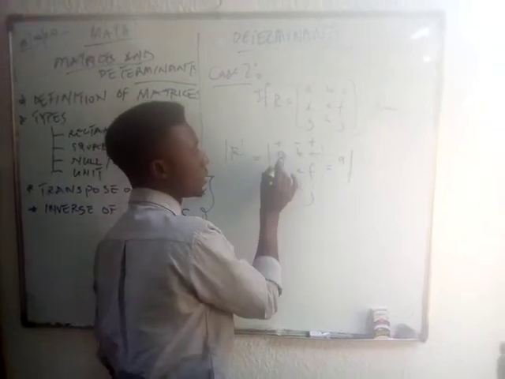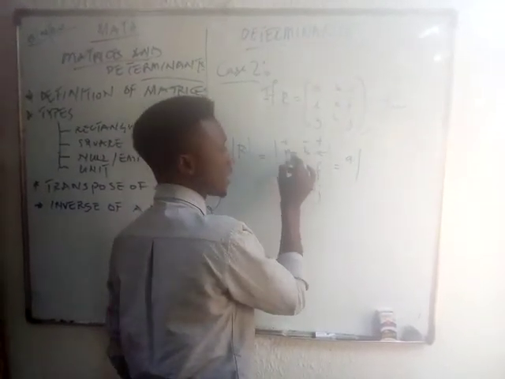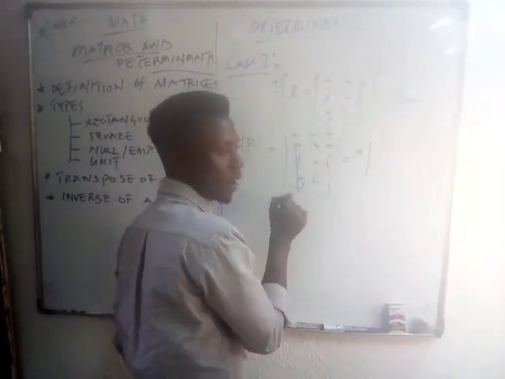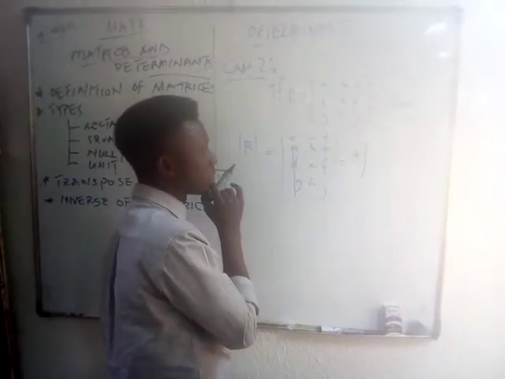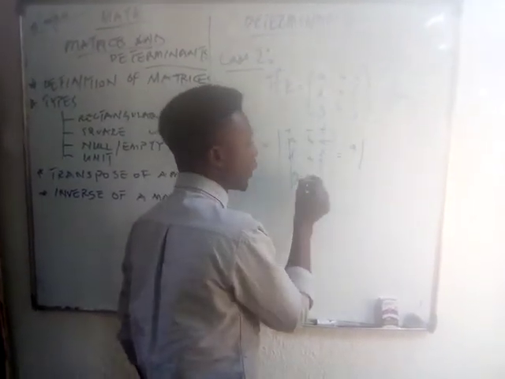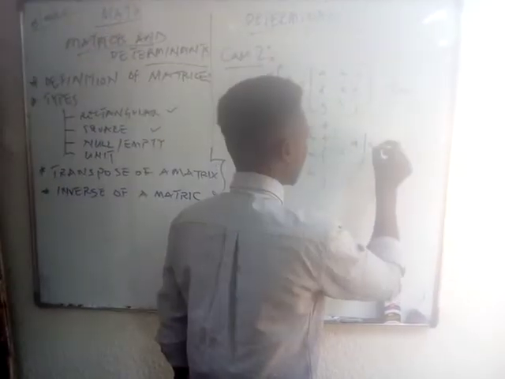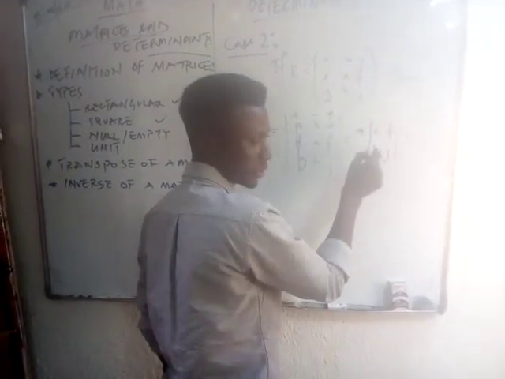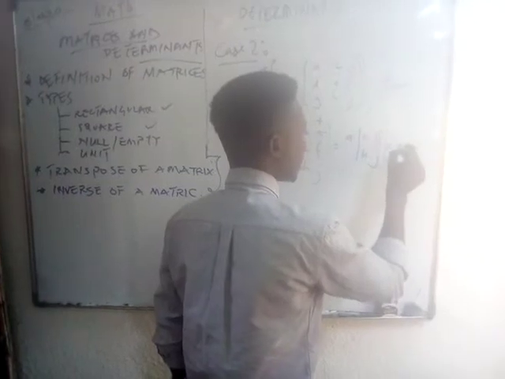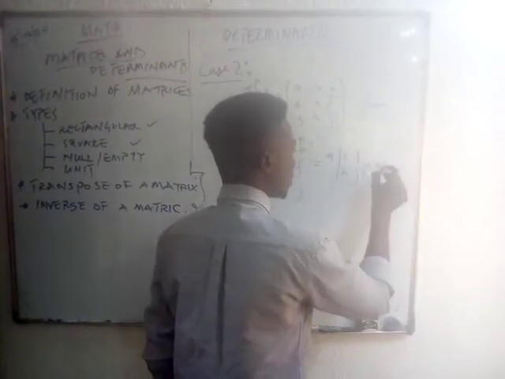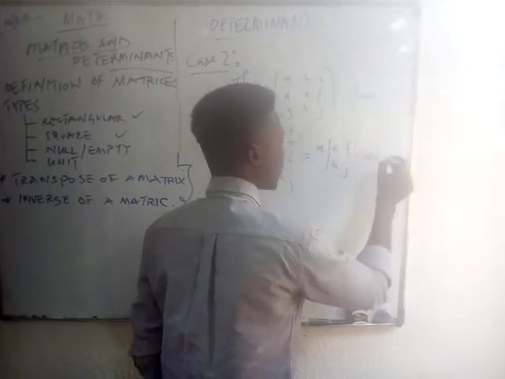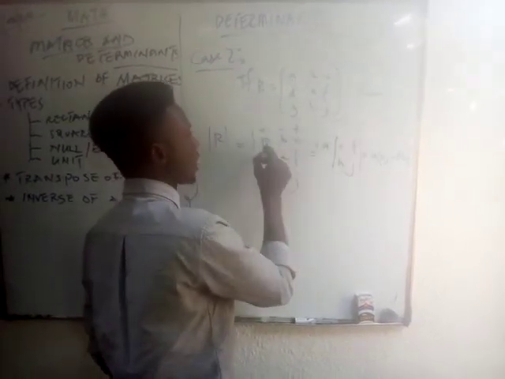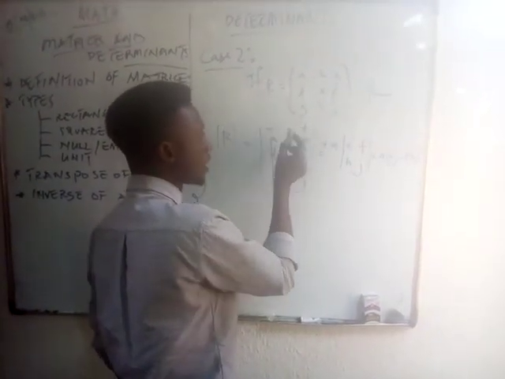Is D and B. This is A. This is axis for A. That is the row and the column for A. You are not going to touch this. You are concerned with E, F, H, and J. And you find the determinant of this. So it means I'm going to have A times E times J, EJ minus H times F, FH. That's not all, because this is plus A. Are you with me? Yeah. Good. The next one is what?